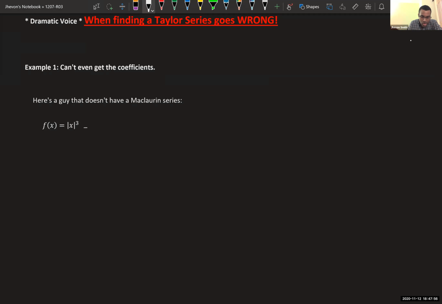How do I know it doesn't have a Maclaurin series? Well, it turns out that the third derivative does not exist at x equals 0. So this is a function that is not infinitely differentiable. Of course, because my f prime would be 3 absolute value of x squared. My f double prime would be 6 absolute value of x.